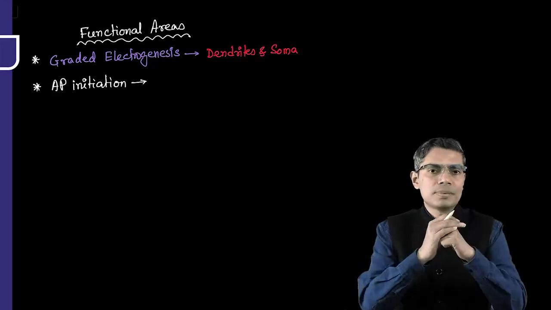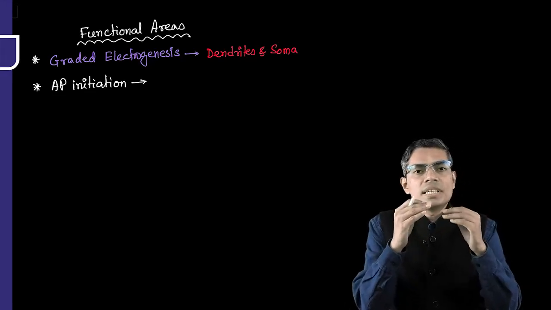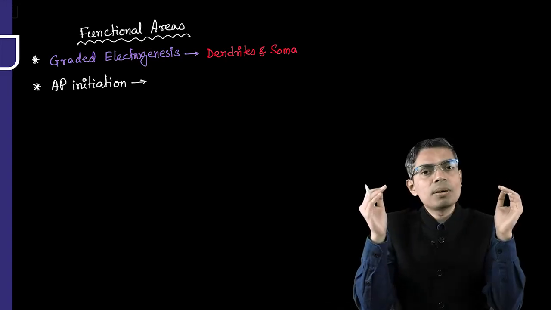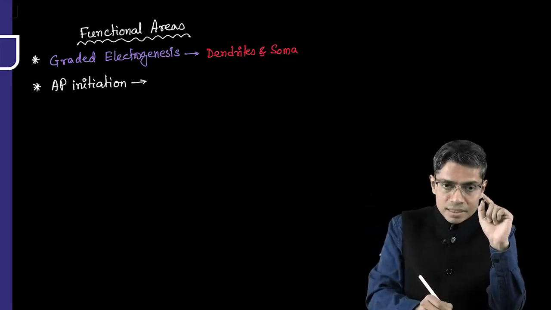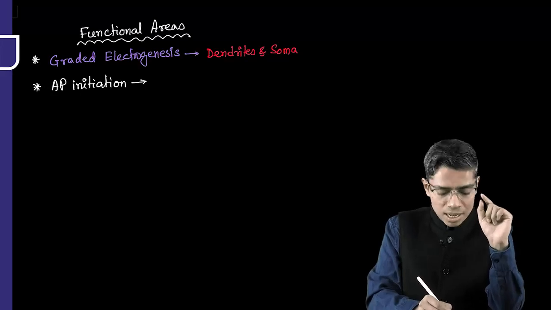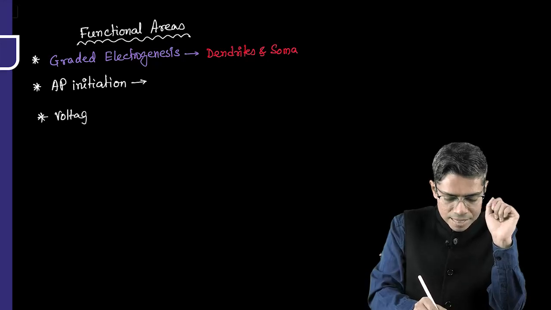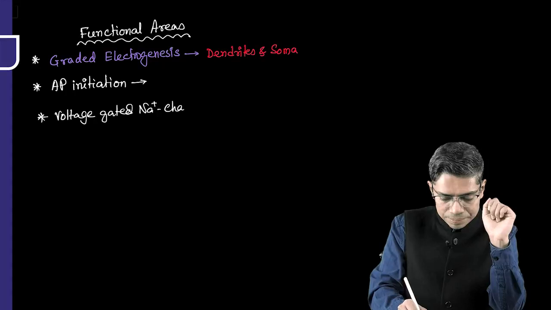To understand this concept, you have to answer another question: voltage gated sodium channel, where is it maximally present? Why voltage gated sodium channel? Because we all know that action potential in the neuron is based on a channel, and that is the voltage gated sodium channel.